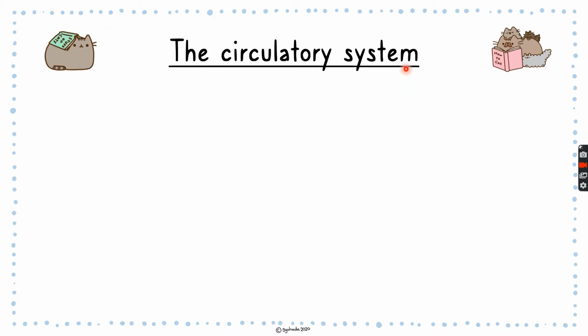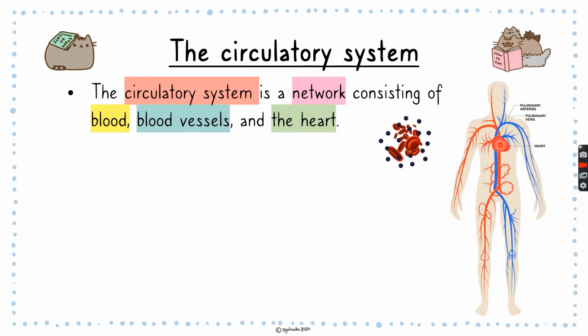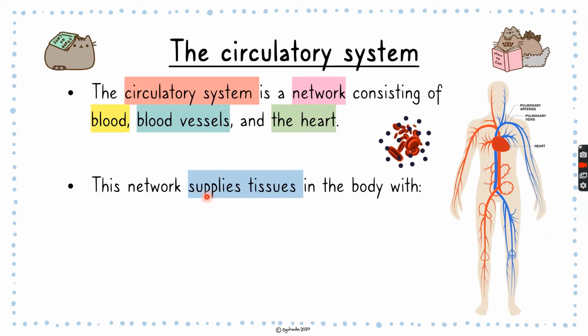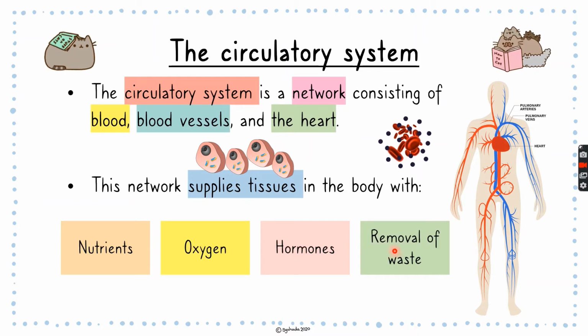All right, the circulatory system, how does this relate to everything we're talking about? The circulatory system is a network consisting of blood vessels and the heart. This is a network that supplies tissues, so parts of your body, with nutrients, oxygen, hormones, and removes waste. So the circulatory system transports the nutrients that you need.